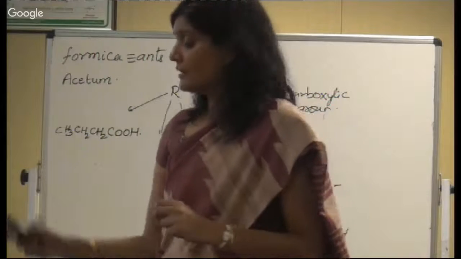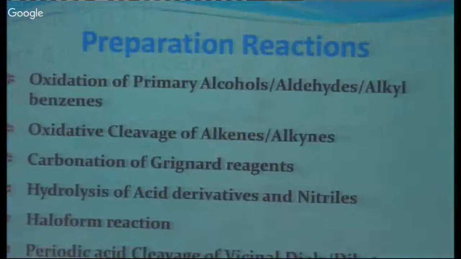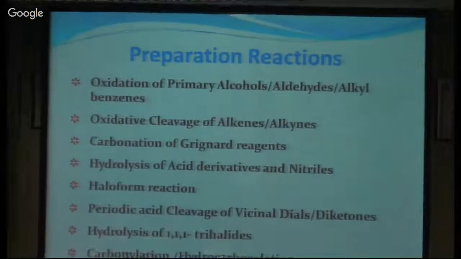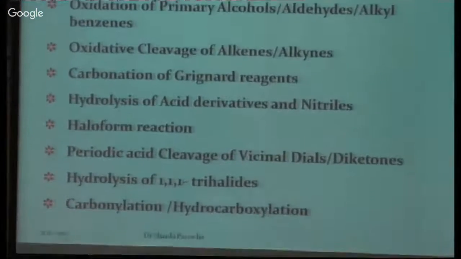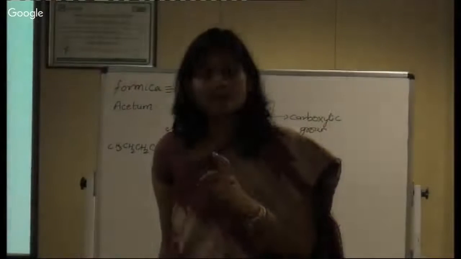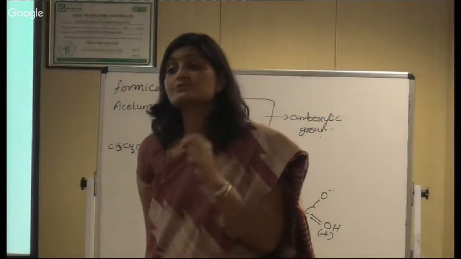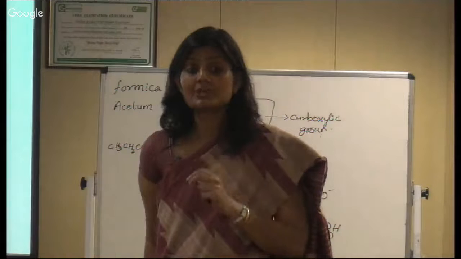And this reaction, hydrocarboxylation, is a reaction which is used for stepping up alkenes. If you have an alkene and you want to convert it into carboxylic acid having one carbon more, you can do this hydrocarboxylation reaction, which is commonly known as the Koch reaction.